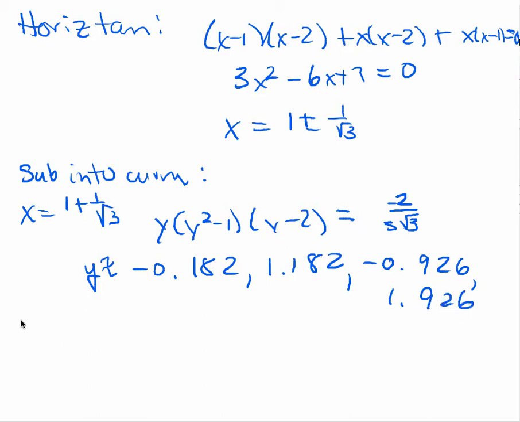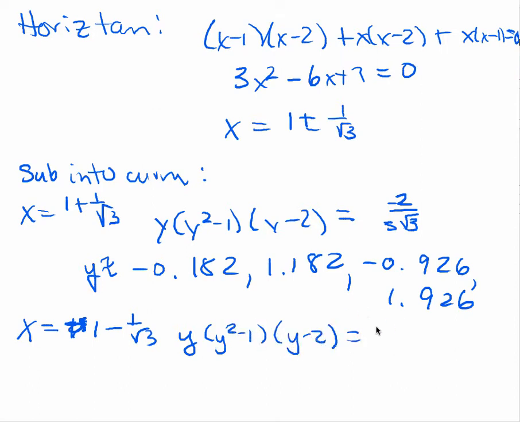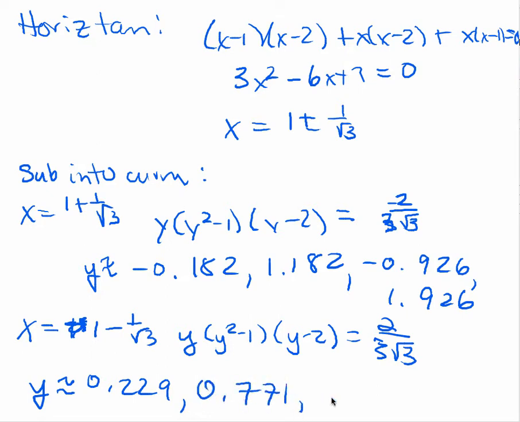And when we put in x equals 1 minus 1 over root 3, we've got y times y squared minus 1 times y minus 2 is 2 over 3 root 3. And solving that, we get that y is approximately 1.229, 0.771, minus 1.058, and 2.058.